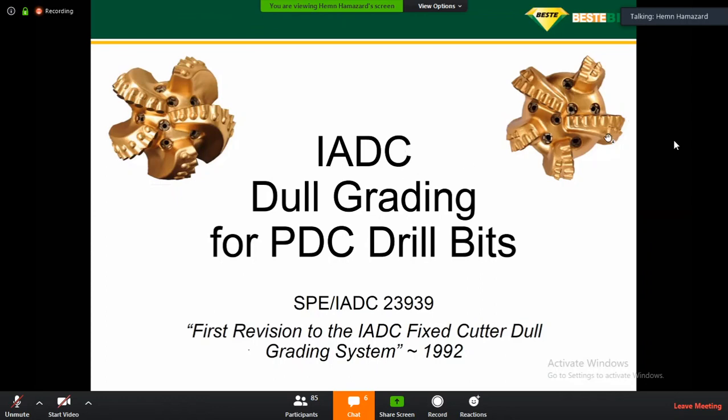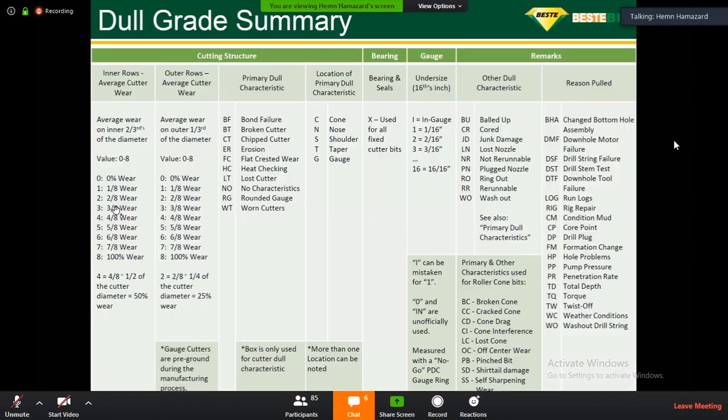For example, if you divide this into 8 scales, any outer cutter, and you see most of them are about a quarter worn or cut, then a quarter means 2/8. In this table, you just call 2. So for example, the dull grading we are doing is 4, 2, and then you need to know what's happened to all these cutters.